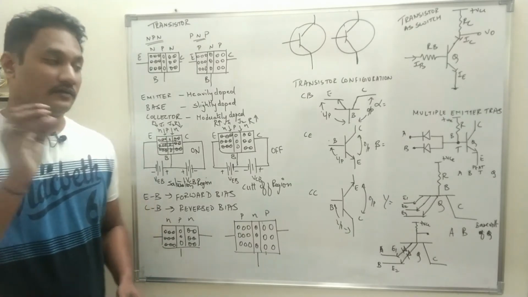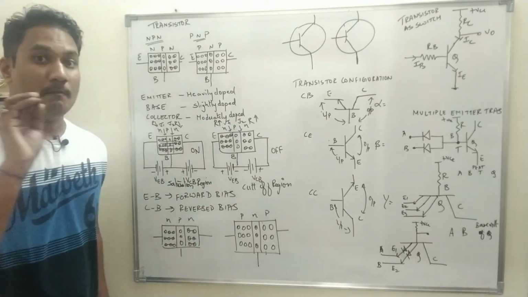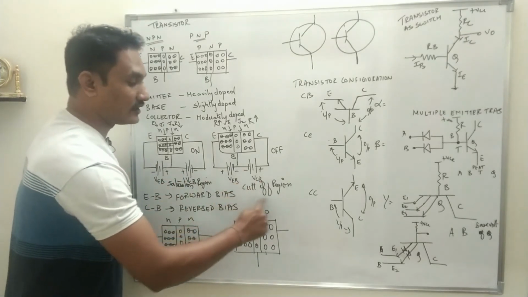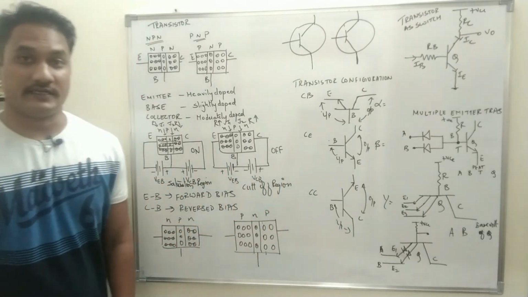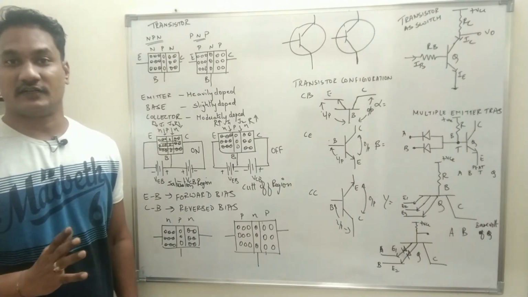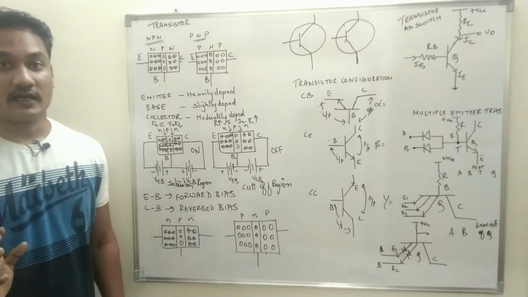This polarity I have connected to make you understand what exactly I mean by saturation region and cutoff region. If current is flowing through the transistor, it is said to be saturation. If no current is flowing through the transistor, it will be cutoff region.